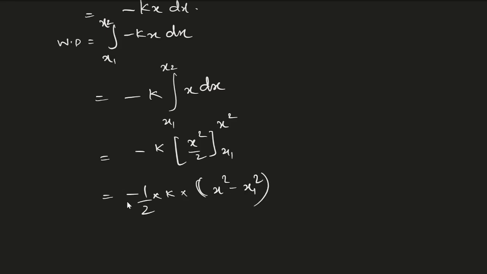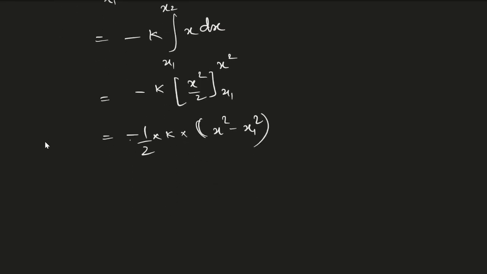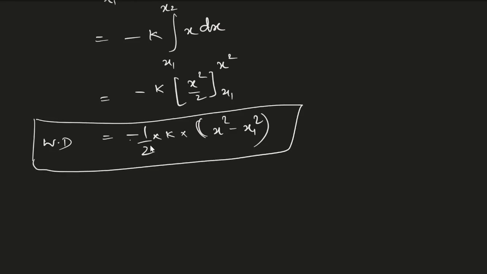Since the minus is outside, I'm going to multiply the minus inside as well. You can write down till here as well, not an issue. The work done by the spring force will be equal to minus half of k into x2 square minus x1 square. This is also not an issue. You can keep your formula till here as well.